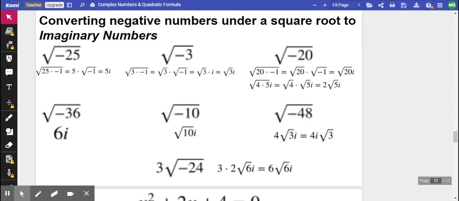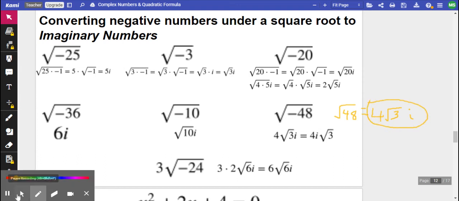And the square root of -48, you'd split into square root of 48 times i. And then simplifying the square root of 48, you would end up with 4 root 3. So I'll just write that over here to the side. Using the same tree method, you'd be able to do square root of 48 equal to 4 root 3. And then because of that -1 on the inside, you would end up with an i, and this whole part right here would be your answer.